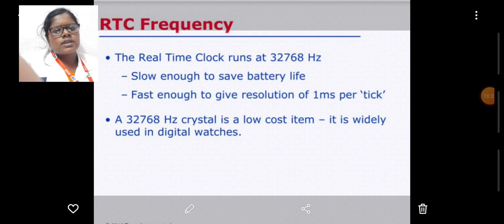Here we have discussed the frequency of RTC: the clock runs at 32768 Hz, which is slow enough to save the battery and fast enough to give a resolution of 1 millisecond per tick.